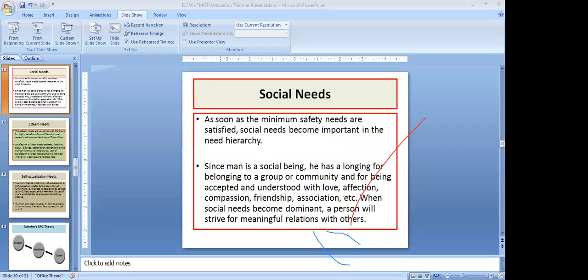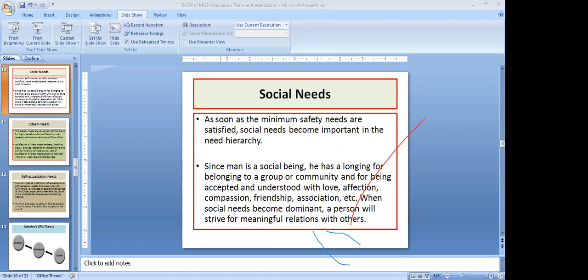So the implication for management at this level is that the organization can influence these needs through supervision or through communication systems, also by creating work groups, that is, creating teams in the organizations. Managers recognize the existence of these needs, but very often they wrongly assume that these needs represent a threat to the organization.